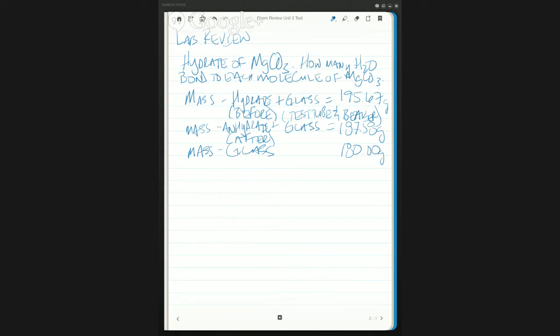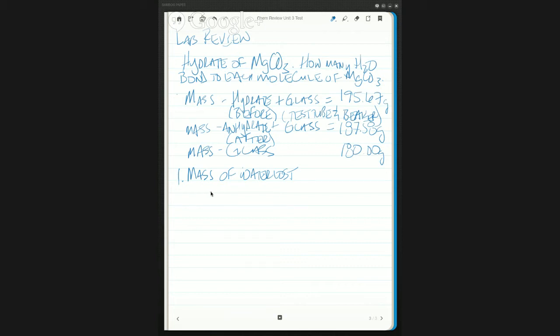All right, so, sorry, step one is the mass of the water lost, okay? These could be in different orders, so we'll just say mass of water lost.